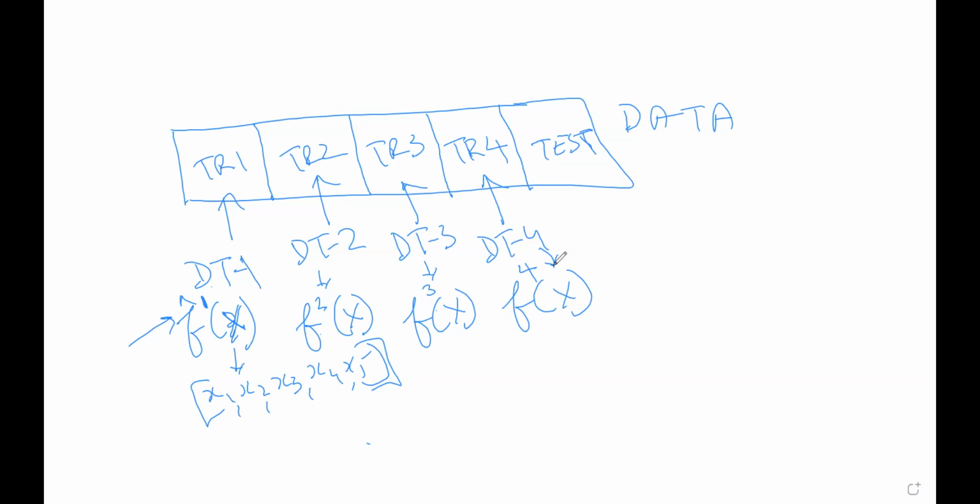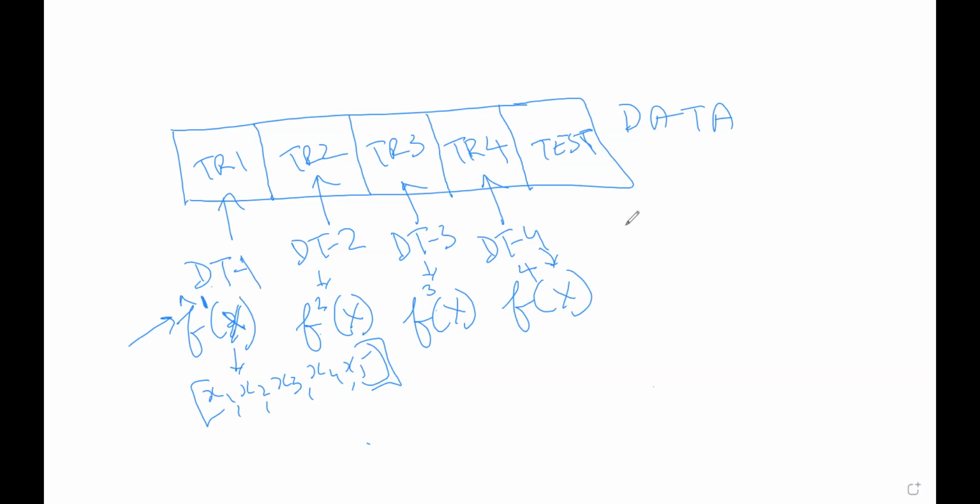And then what do I do? I say I do something like averaging them out. So how do I average that out?